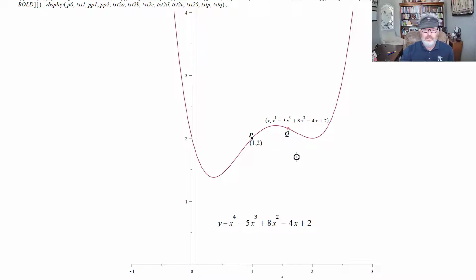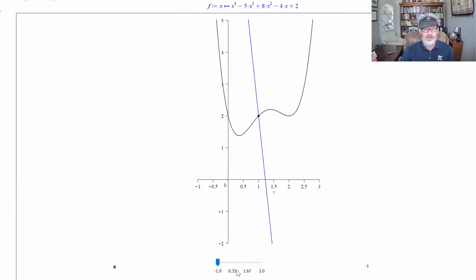What we want to do is connect a line from P to Q, and that'll be the slope of the secant line. But then we want to let Q get closer and closer to P. We can always find the slope of the line, except if Q equals P, then the two points are the same. You can't find the slope of the line through those two points. And that's where the hole in the graph comes in.